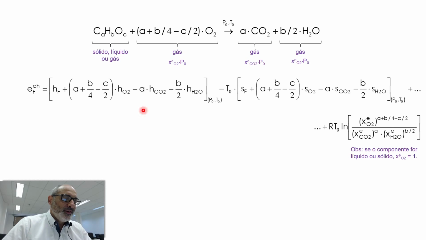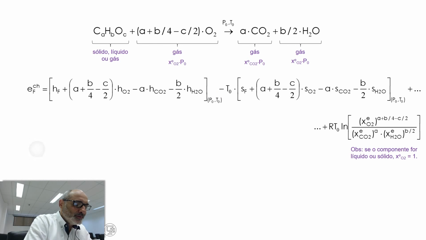I don't know if you remember the definition, we just obtained it, I don't know, half an hour ago. Enthalpies, minus temperature times entropy. So this term here, let me write it down to try to induce this.